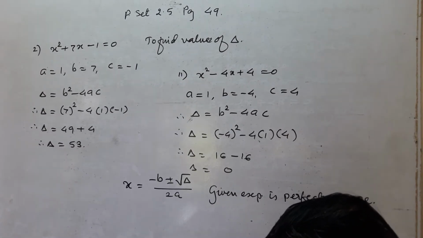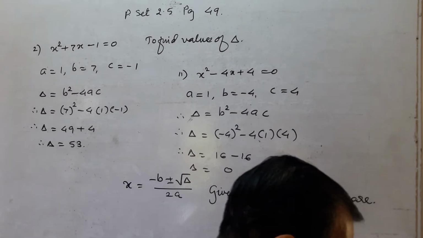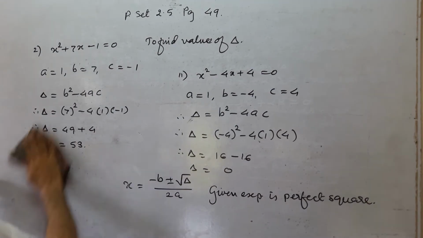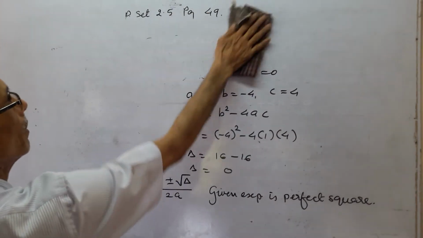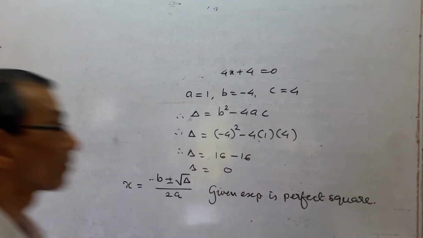In this way, we saw the remaining sums. Now let's come to the next sum, fifth one. Fifth sum on page 50.